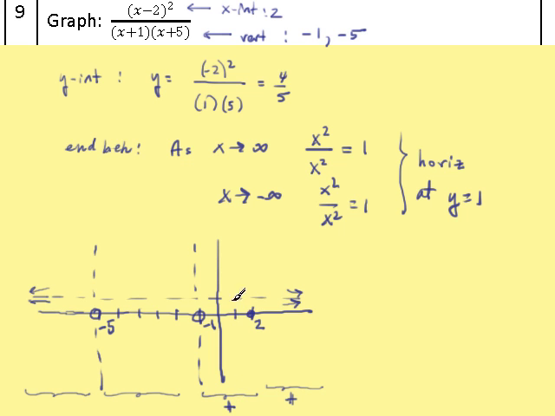You can see that by just substituting in 0, for example. This is always positive, and this will be positive. All right, let's substitute in, let's say, a -2, something in between here. This is always positive, and here we'll have negative positive, so it'll be negative. And if we substitute in, let's say, -6, this is always positive. Here we'll have negative, negative, and that'll be positive.